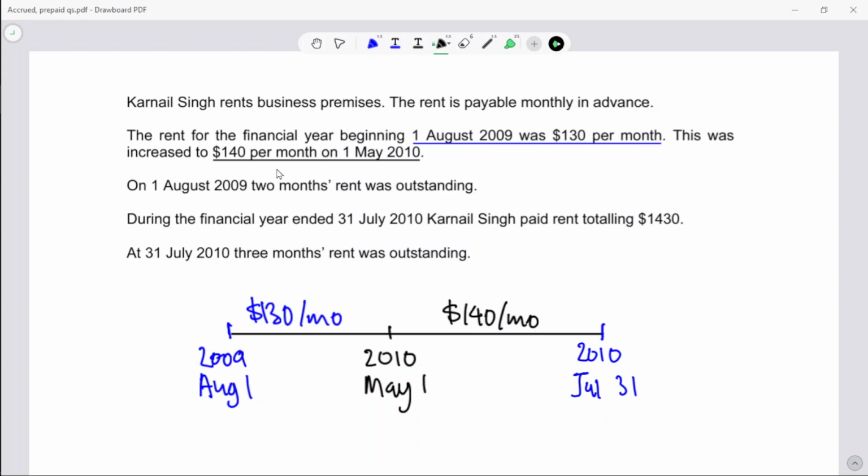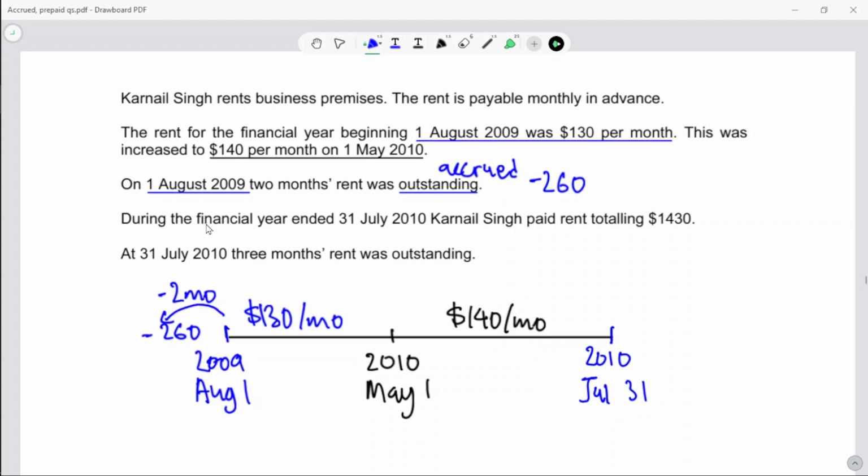Okay, and then 1 August, outstanding means haven't paid, so accrued, to the left. This one he say outside, right? So you minus 2 months. So in total minus how much? 260. I better minus 260.